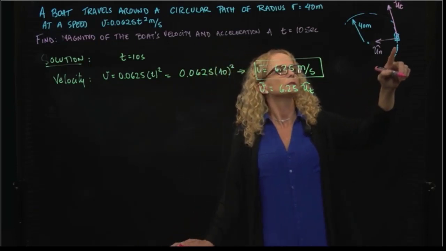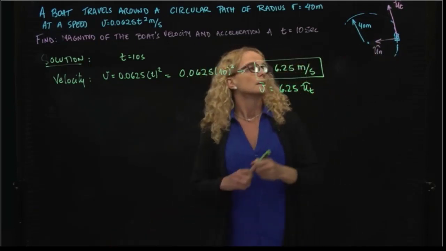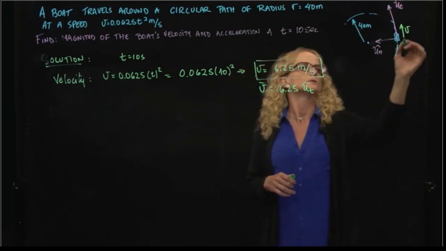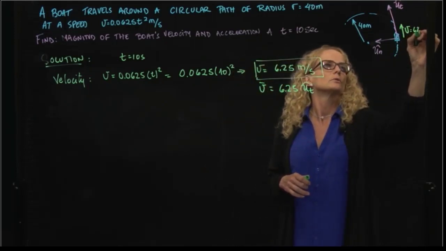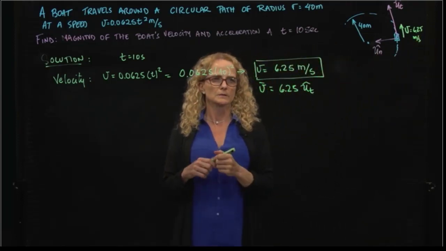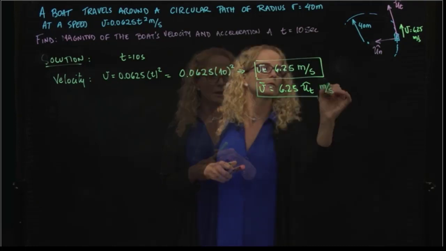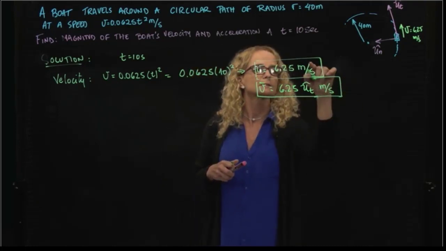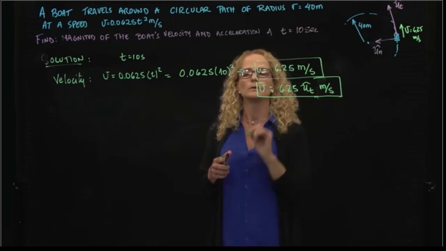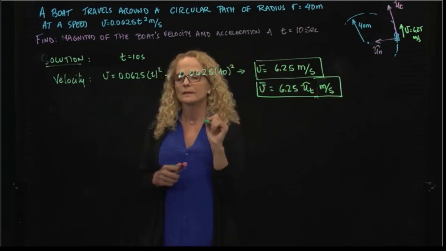So our velocity is always tangent to the path, and this is our velocity, equal to 6.25 meters per second for that time, t equals 10 seconds. Don't forget the units. It doesn't matter if it's a scalar, which is the speed, or a vector, we need to put the units. How about the acceleration?